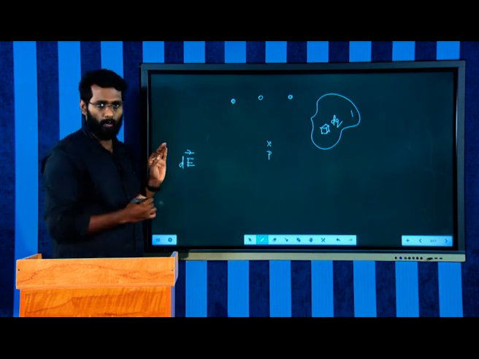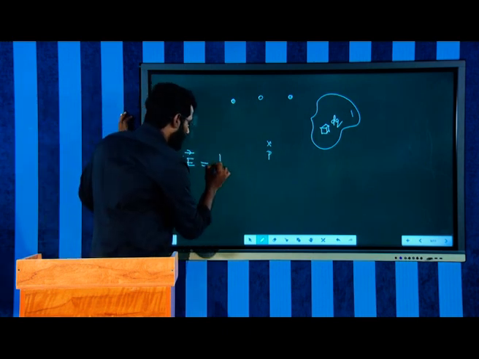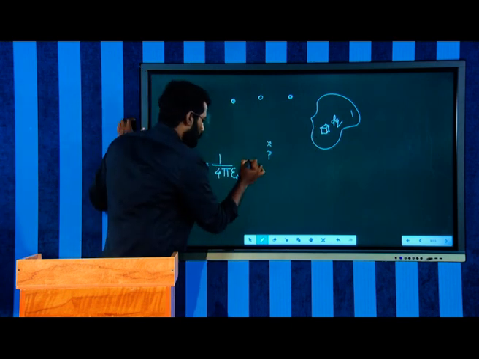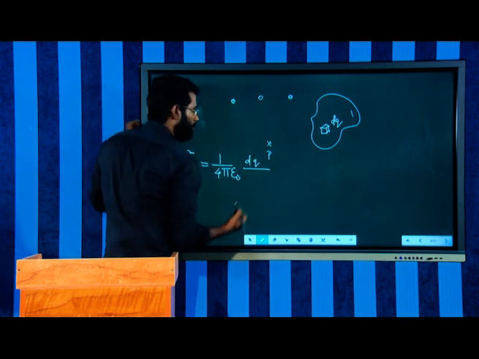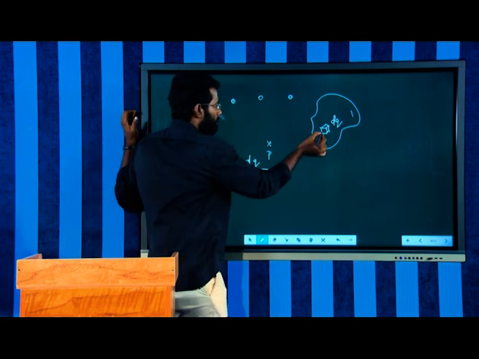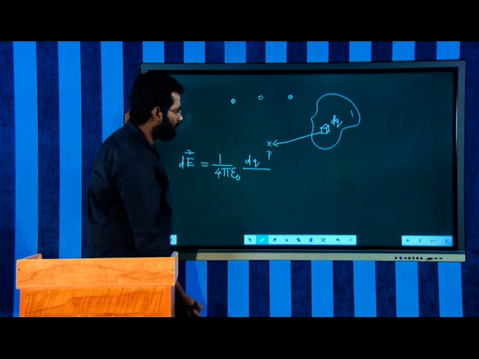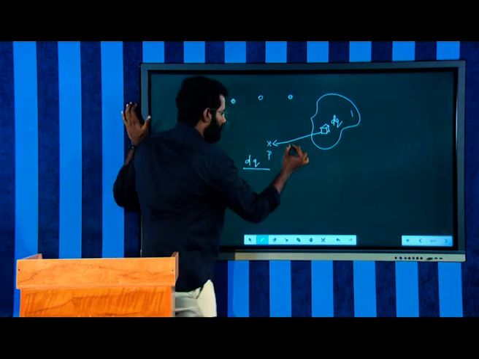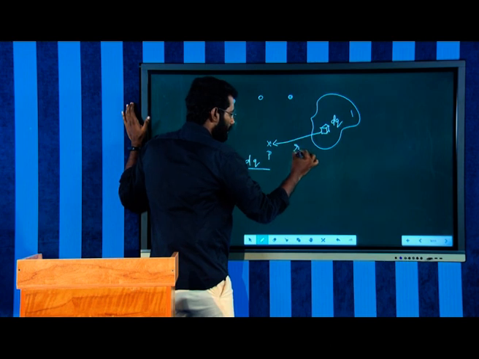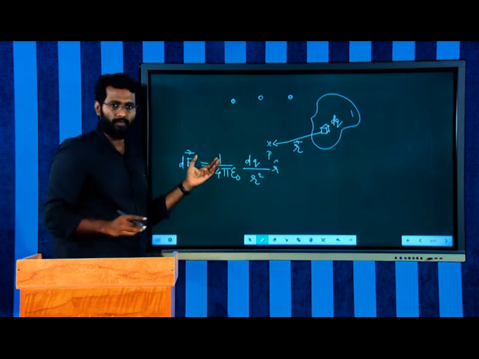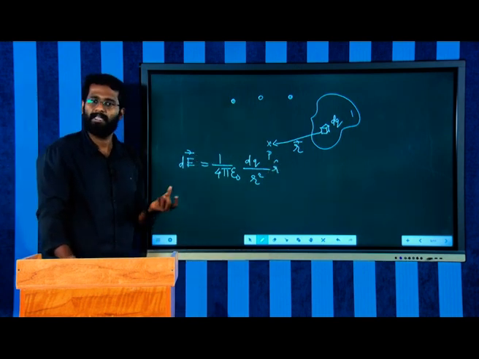That dE is equal to 1 by 4 pi epsilon 0, times the charge dq, divided by the separation vector squared. Let this be the separation vector, and let it be r. So, r square into r cap. That is the equation for a very tiny part of the charge.